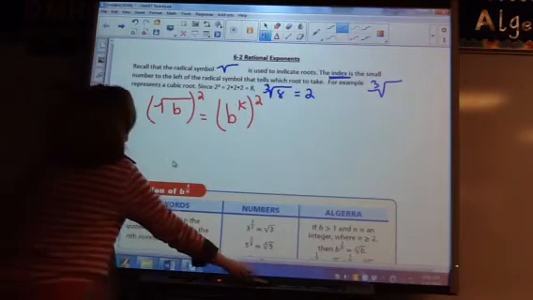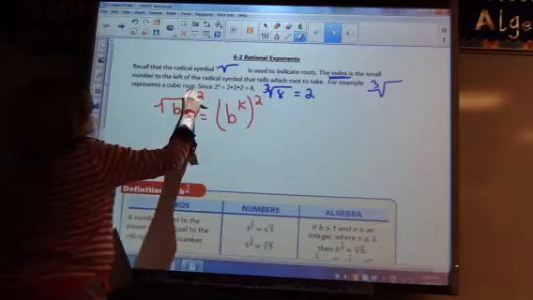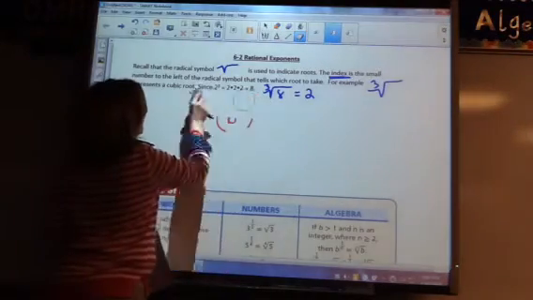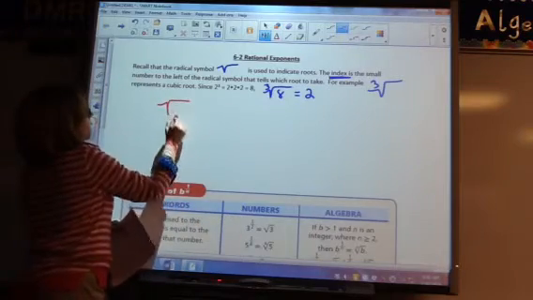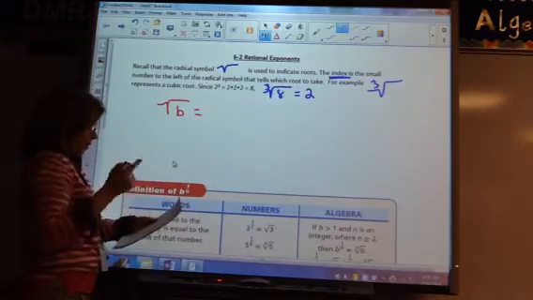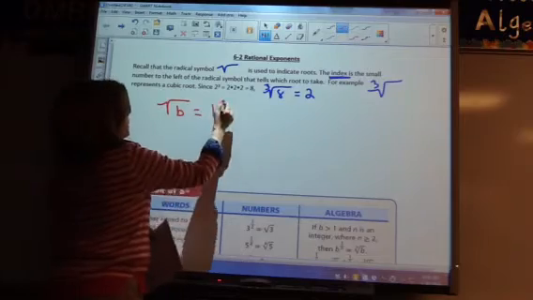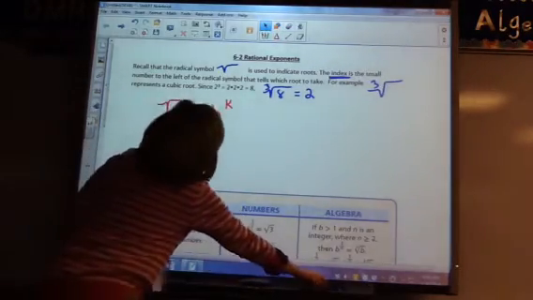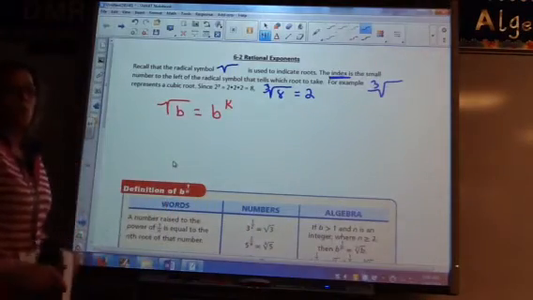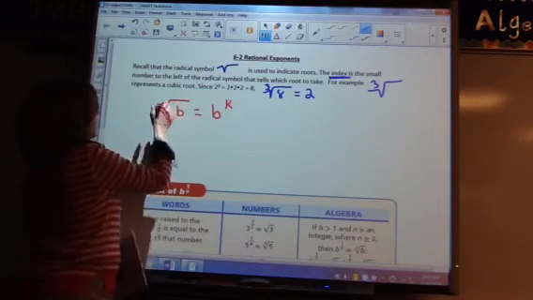Let me back up. Let's say we have the square root of b, and then we have b to the k, and we want to solve for k. So, what we can do first is cancel out the radical sign.